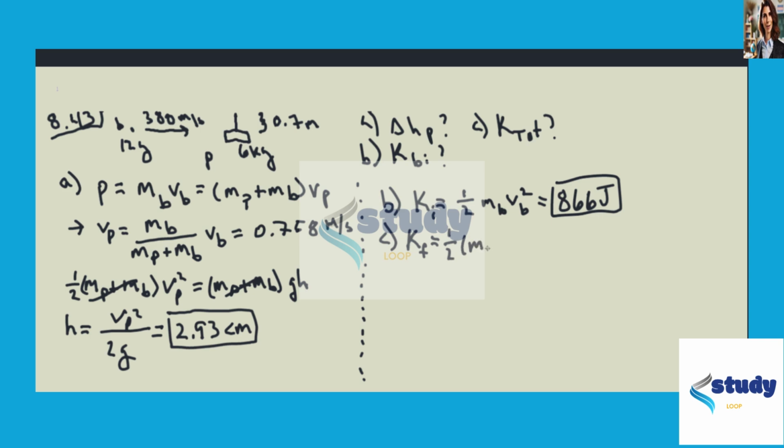So here we have the total mass of both objects and the speed of the pendulum with the bullet in it squared. We found before this is 0.758 meters per second. And this works out to be 1.73 joules.